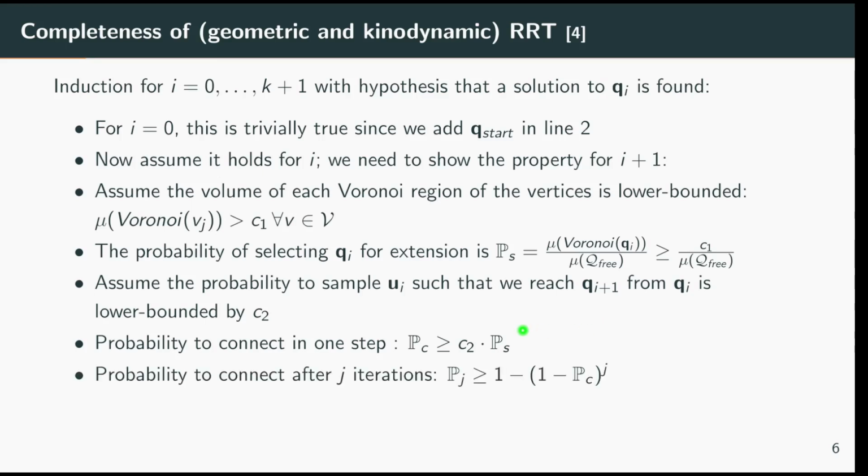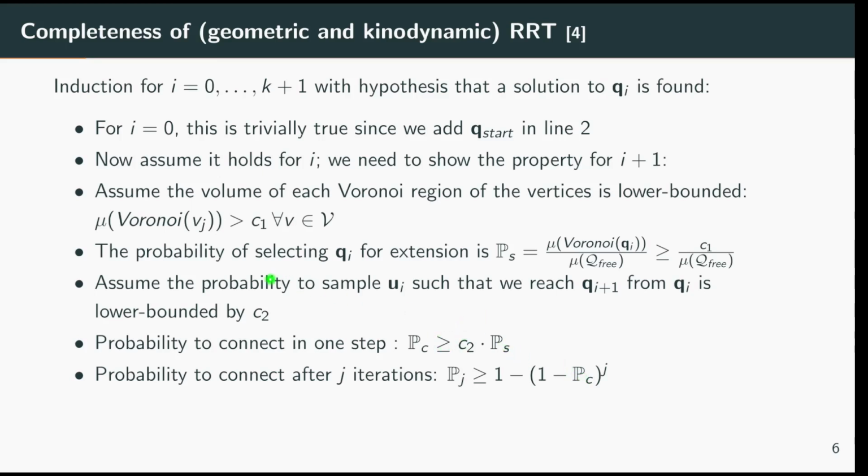And then we can compute the probability to connect after multiple iterations or attempts. So let's say we sample multiple times, j times. What would the probability be then? It's basically the probability of not connecting in one step, which is 1 minus PC.